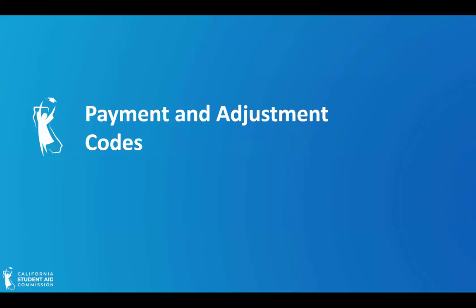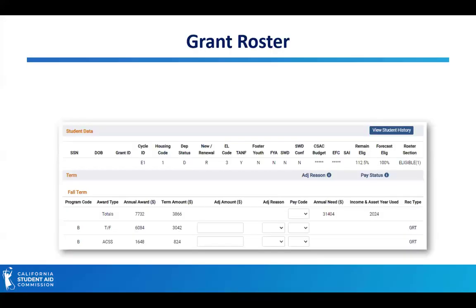All right. So let's talk about payment and adjustment codes. Some important information about the student's Cal Grant, including things like housing status, education level, foster youth status, and remaining eligibility, can be found at the top of the grant roster page or when you pull up that student's award.